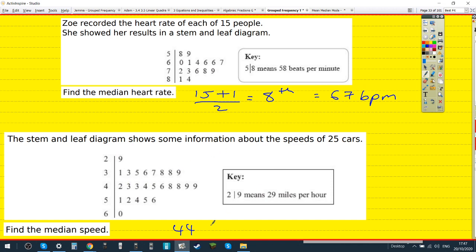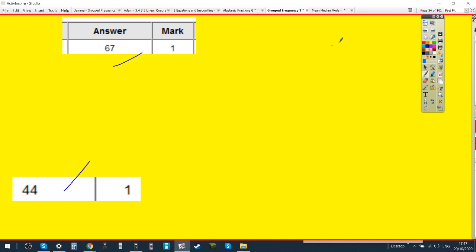Well done. 44 miles per hour. 67, 44. Great.